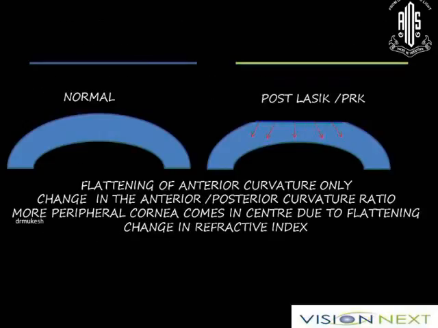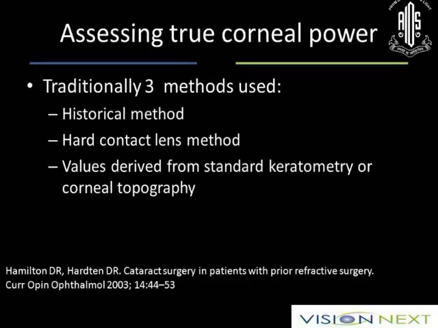So in a post-LASIK we know there is only the flattening of the anterior curvature. In a post-RK there is flattening of the anterior and the posterior curvature both. Assessing true power has already been discussed. We have the historical method, we have the hard contact lens method, we have values derived from the standard keratometry and corneal topography. But obviously values derived from these will lead to a hyperopic error.